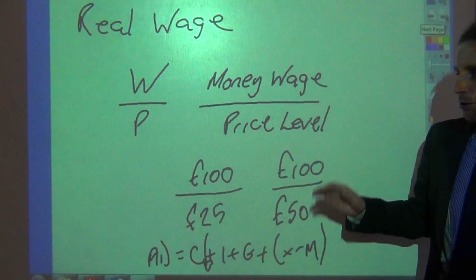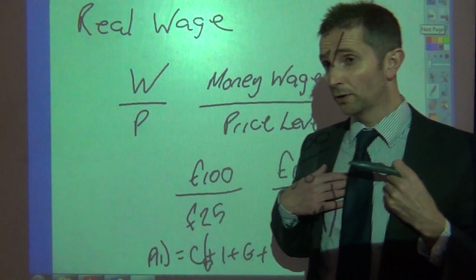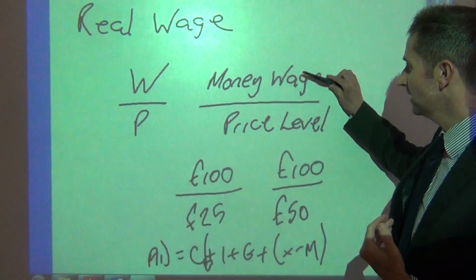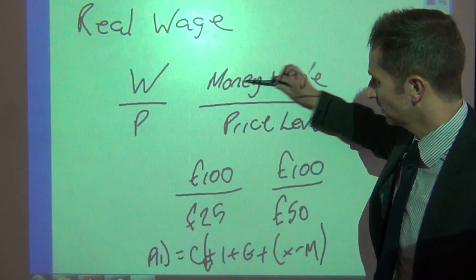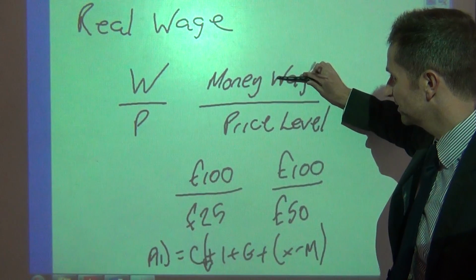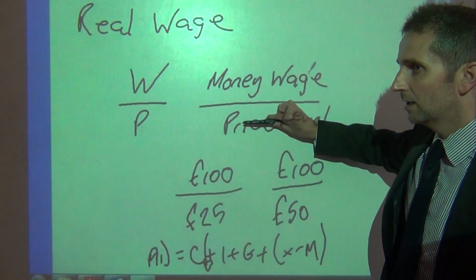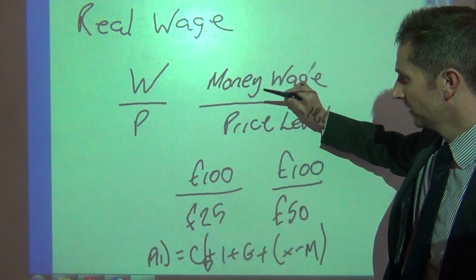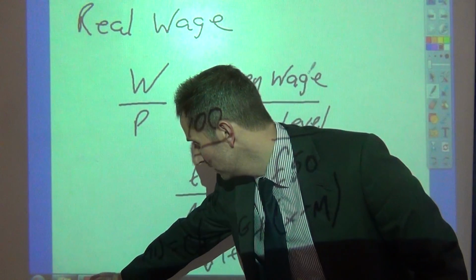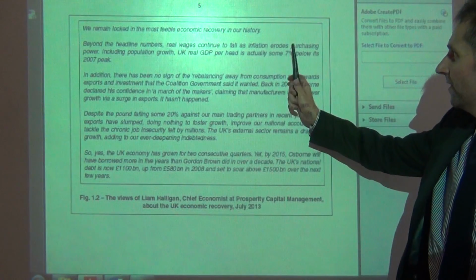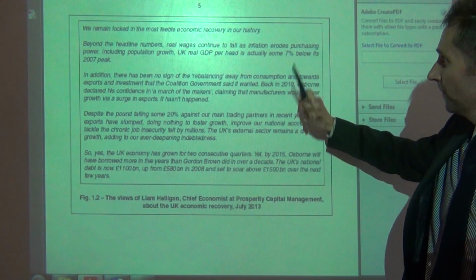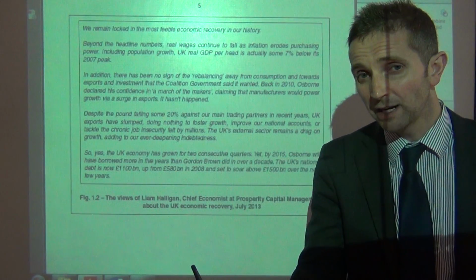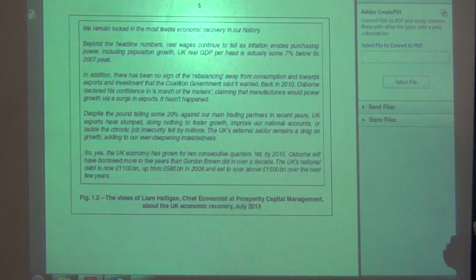And think of your public sector employees such as myself, teachers haven't really had any increases worth talking about in terms of their money wage for several years, yet inflation and price levels have continued to go up. And as Liam Halligan says, that erodes your purchasing power and hence means that you're able to buy less and hence puts the brakes on and puts a constraint on growth.